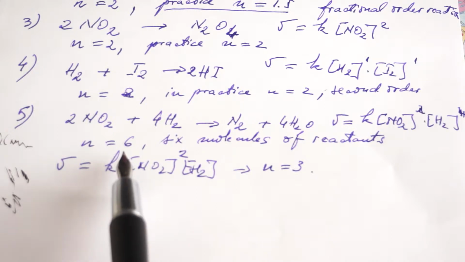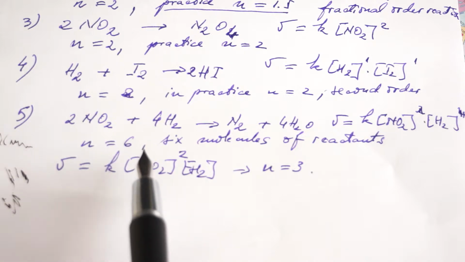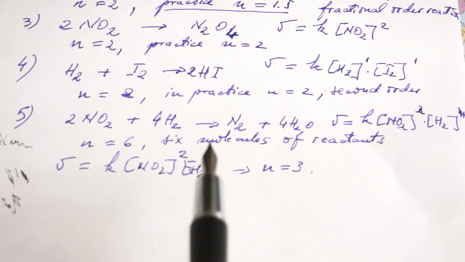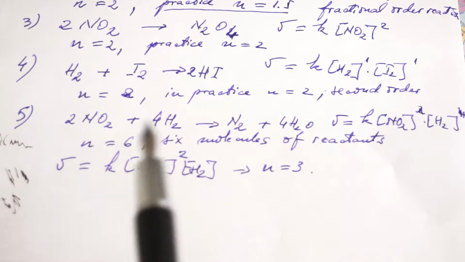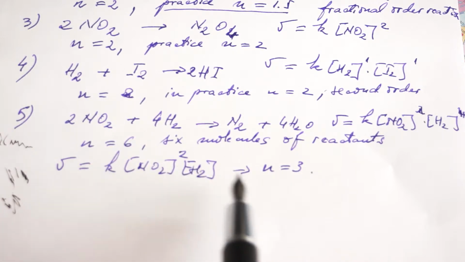Even a third order reaction means you need the collision of 3 molecules for the reaction to occur, and such collisions are very seldom. That means the probability for this reaction to happen is extremely low. So one has to be careful about this.